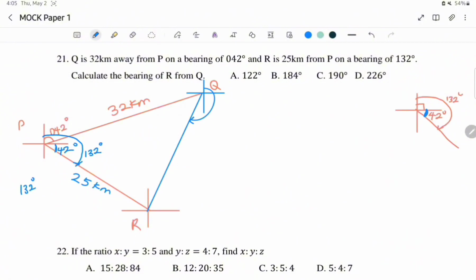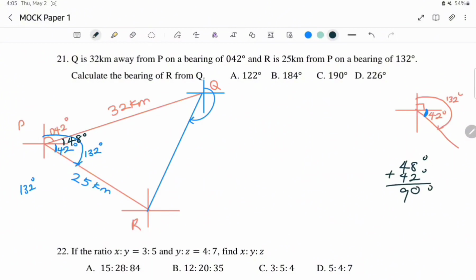Now we have two sides, and let's check if we have an angle. Of course, we have an angle because if you look carefully at point P, you would see that this angle is going to be 48 degrees. So that means the angle at P is going to be 48 degrees plus 42 degrees, and that's 90 degrees.